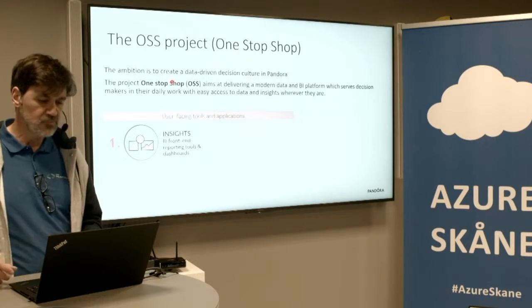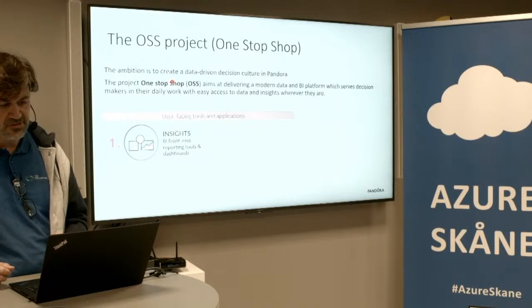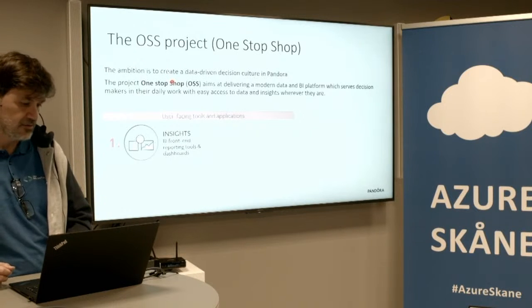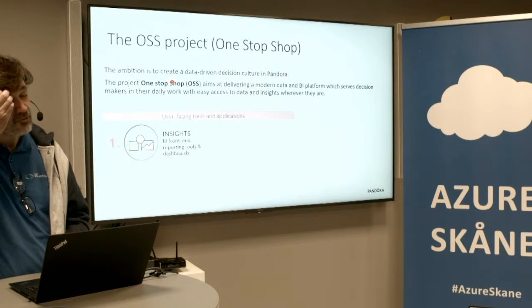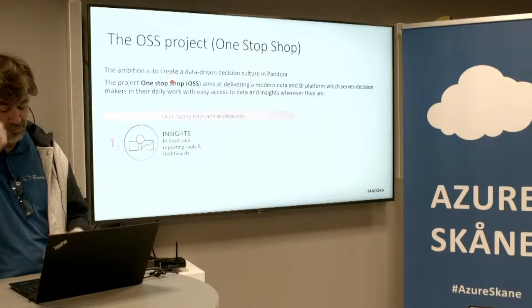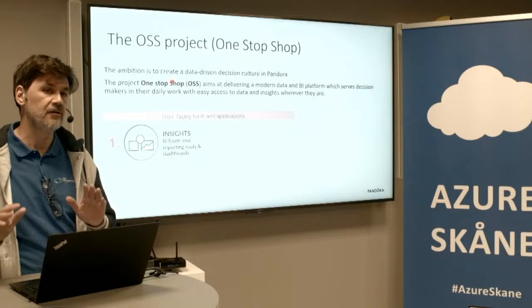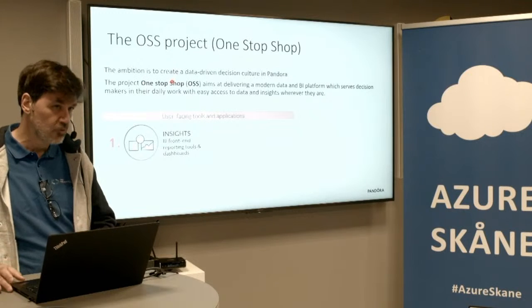The One Stop Shop project is built on 3 main bricks. One is the insights. The company has now decided, this was decided a couple of years ago, that the company is using Power BI as a front-end reporting tool.